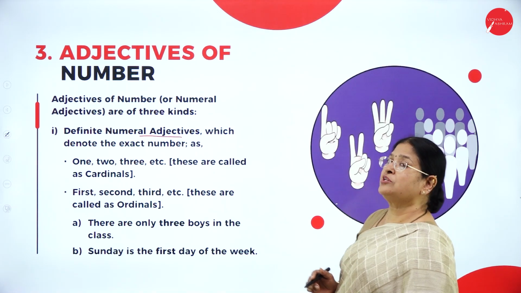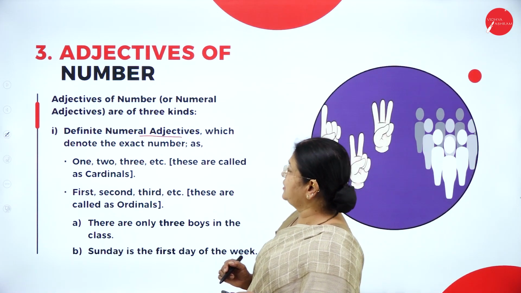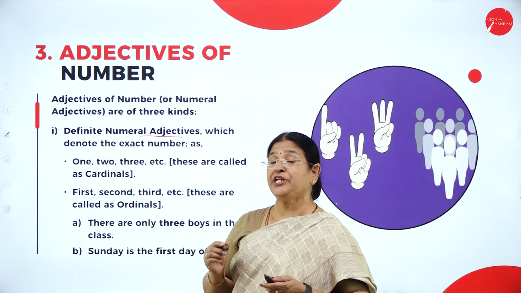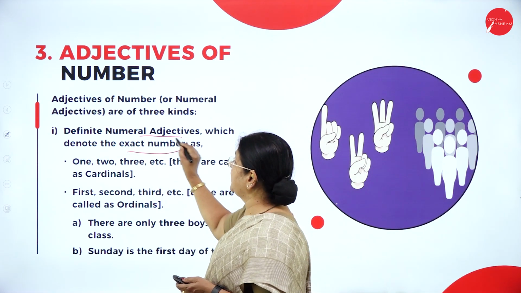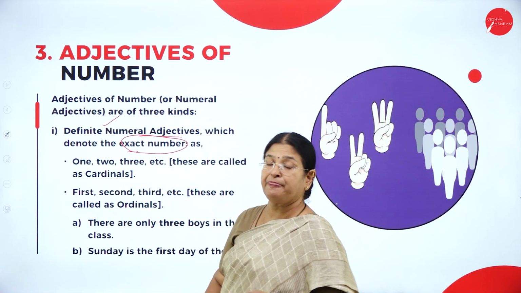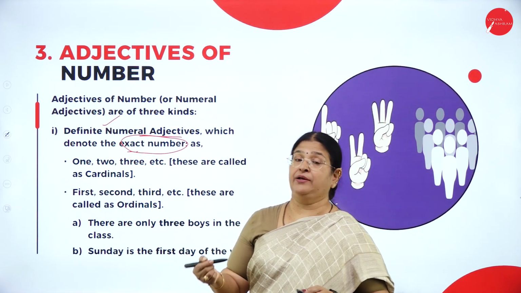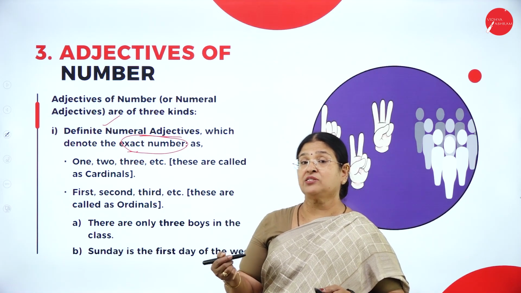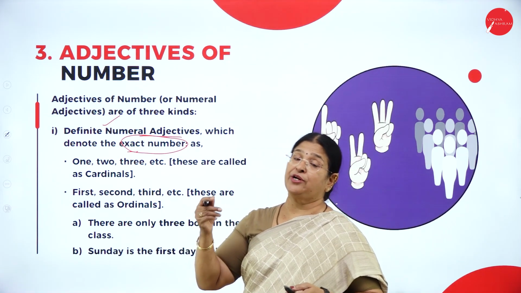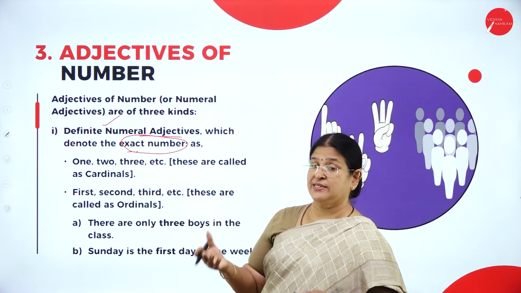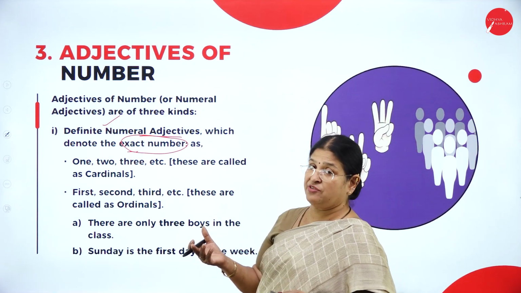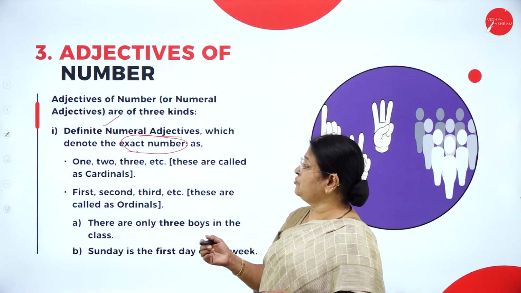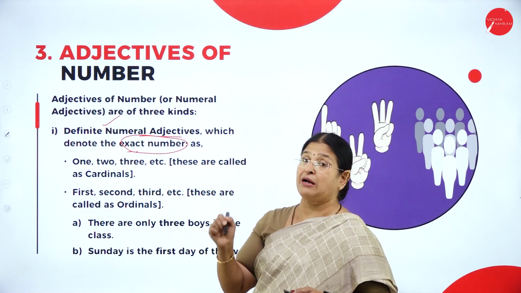Let me move on to the first kind, that is definite numeral adjectives, which denote the exact number, hence the name definite. When you get the answer for the question how many, you get to know the adjective of number. The first one is the definite numeral adjective, which denotes the exact number.